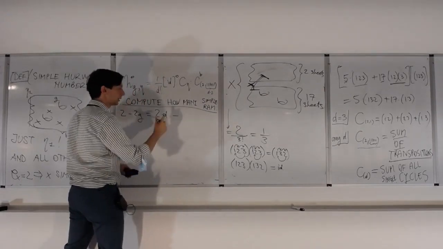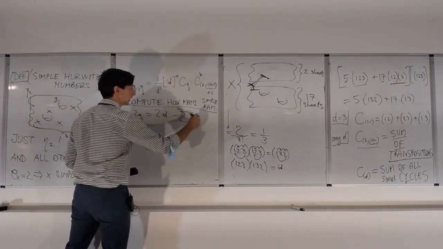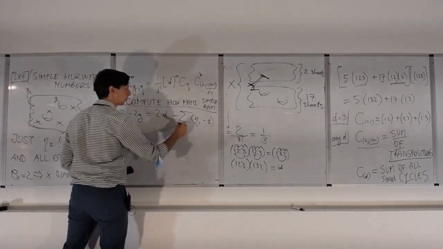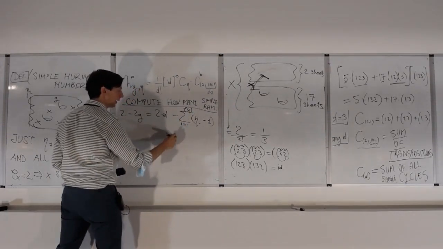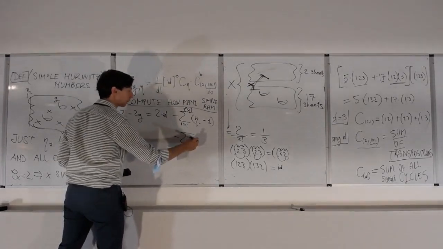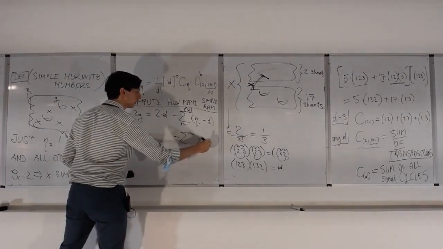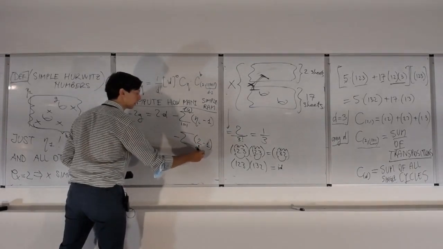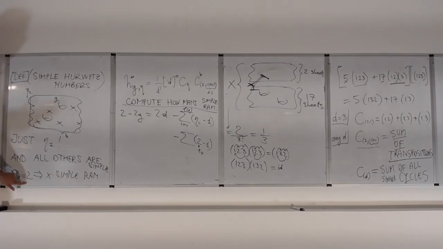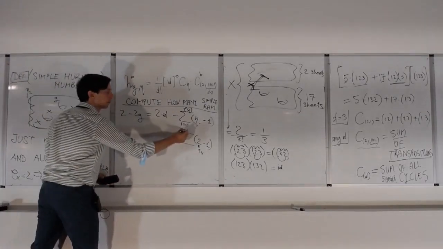I can write that this is minus the sum of eta_i minus 1, i from 1 to the length of eta, and then minus the sum of 2 minus 1, because e_x is 2 for all the other ramification points, and I have b of them.